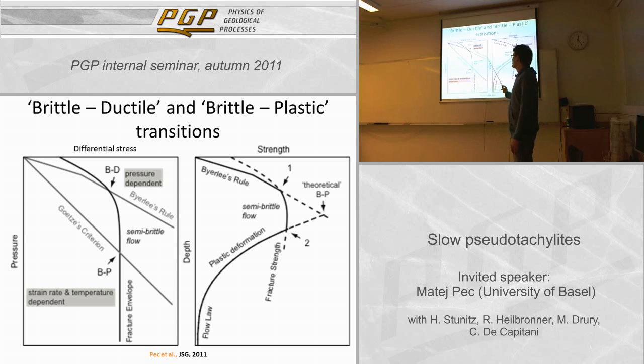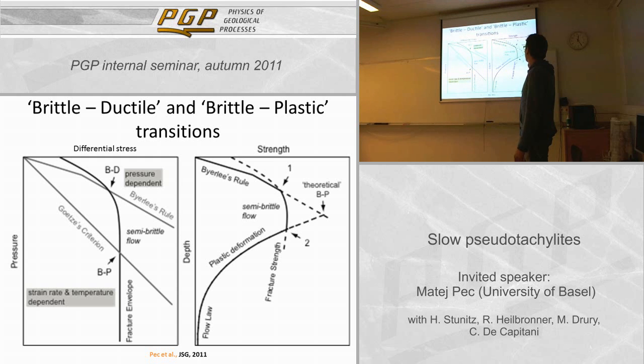The main difference is that frictional deformation is pressure dependent and, more or less, strain rate and temperature independent, whereas plastic deformation is very strongly strain rate and temperature dependent. So based on these ideas, the rheological profiles of the lithosphere are constructed, which show that the uppermost part of the crust should be controlled by frictional sliding along pre-existing fractures.